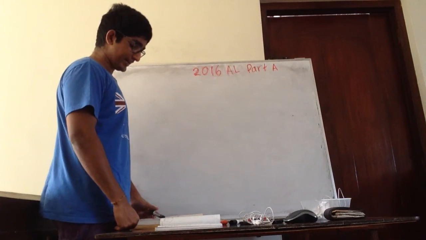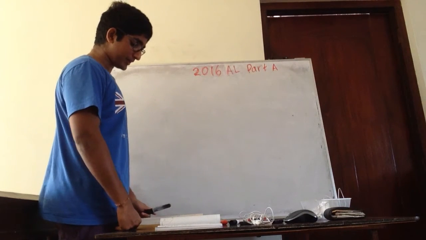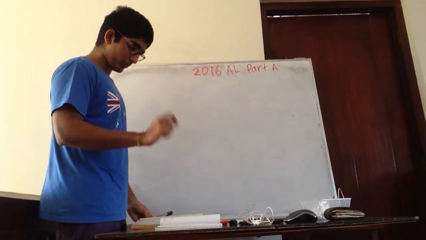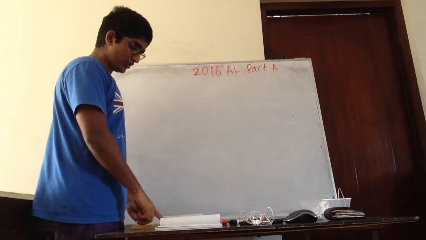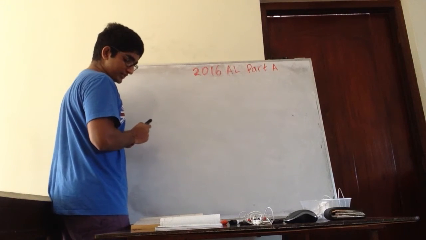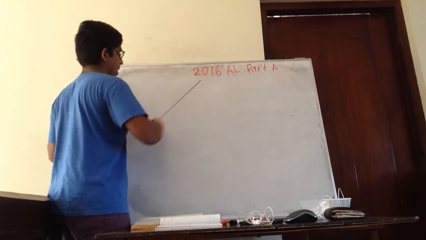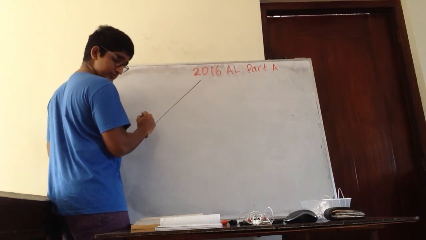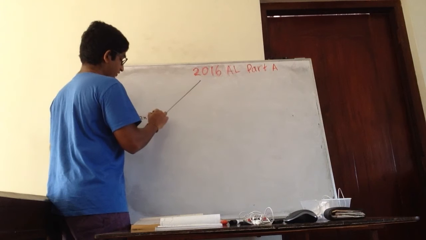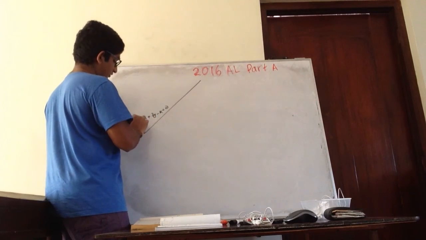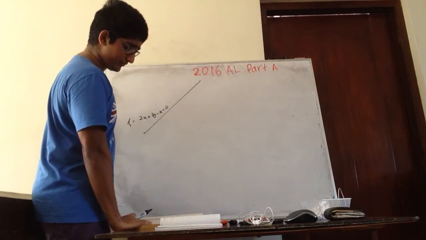Let L be the straight line that passes through the origin and the point of intersection of the straight lines 2x plus 3y minus k equals 0, so I'm going to name this as L1, right?